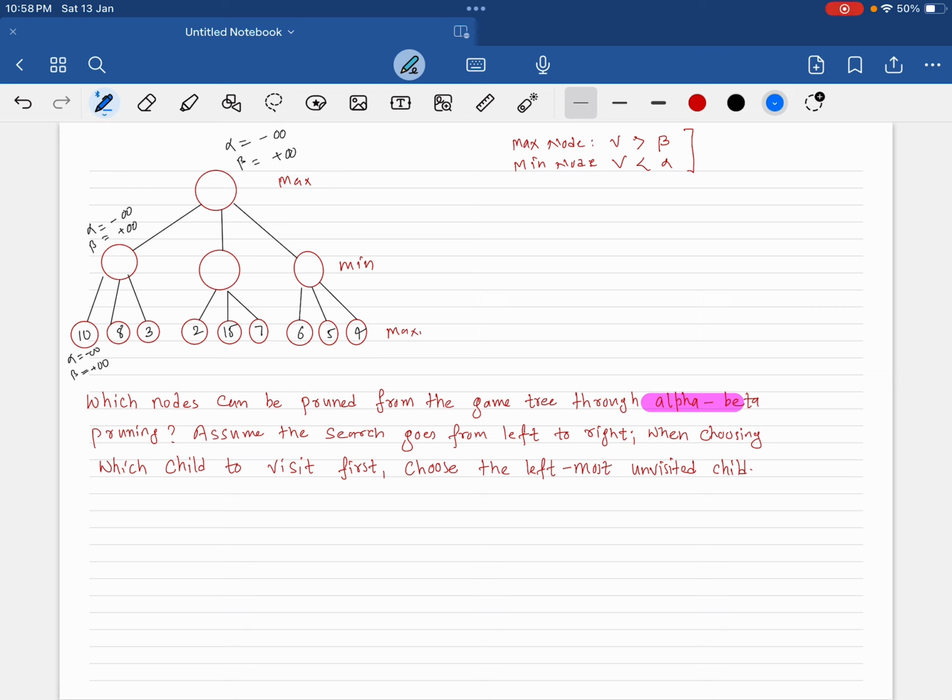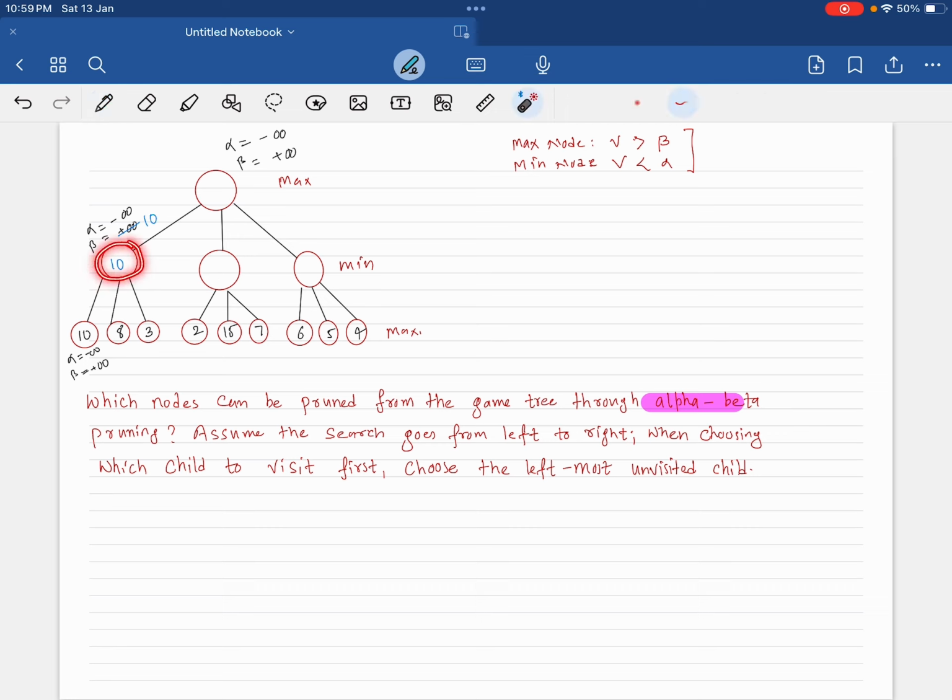Okay, so we are at this node, and here the value is 10, and this node is a min node, right? So this will take the value of 10 here, and it will update the value of beta to 10, right?